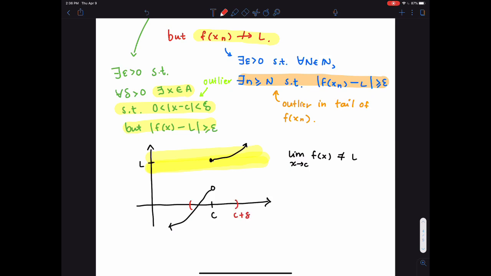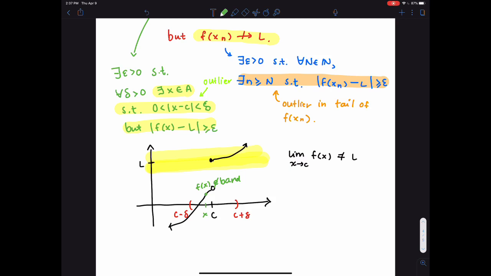So in particular, even as my delta neighborhood gets smaller and smaller, I should always be able to find a number in that neighborhood that has an output associated with it that's not in my band. And what we see is that it's this left branch of the function that's causing problems. So if I chose an x here, for example, then f of x would not be in the band. It's an outlier, in other words.